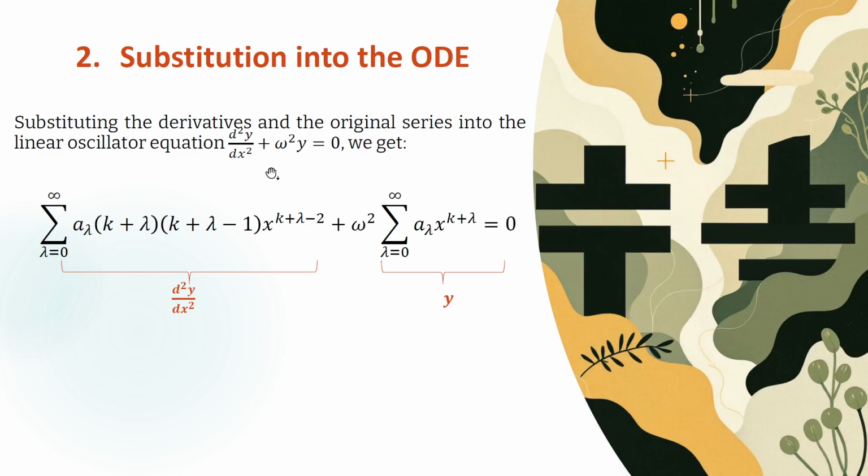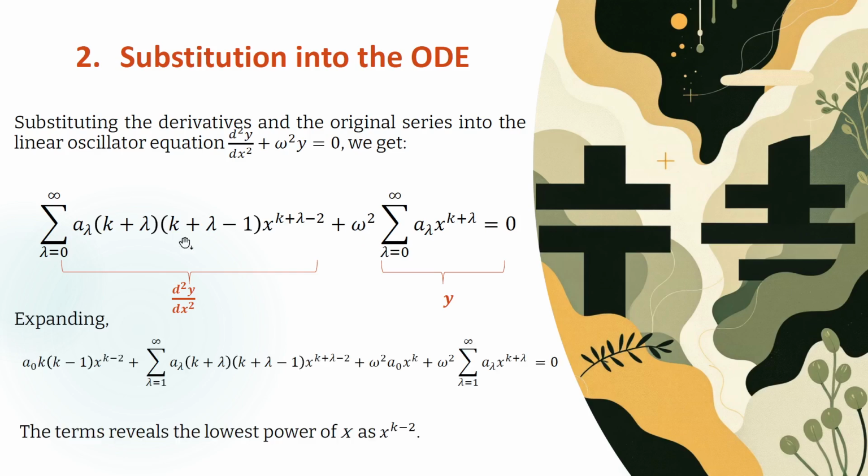This is our linear oscillator equation. So we have here the second derivative plus omega squared times our power series solution. And then we can directly see that upon expansion of this equation, by taking the first term where λ is equal to 0, we have a_0 k times (k minus 1) times x to the k minus 2, plus this summation, where λ now starts from 1 to infinity.